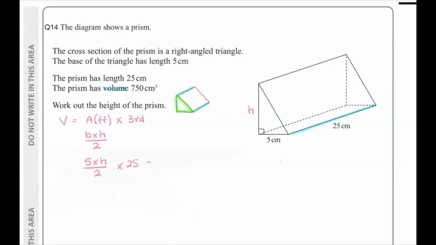And it gave the answer of 750. Now, all I need to do is slowly undo that problem. So 5 was multiplied to the height. It was then divided by 2 and multiplied by 25. The multiplied by 25 was the last thing that happened in the problem to produce 750. So it's going to be the first thing that I undo.